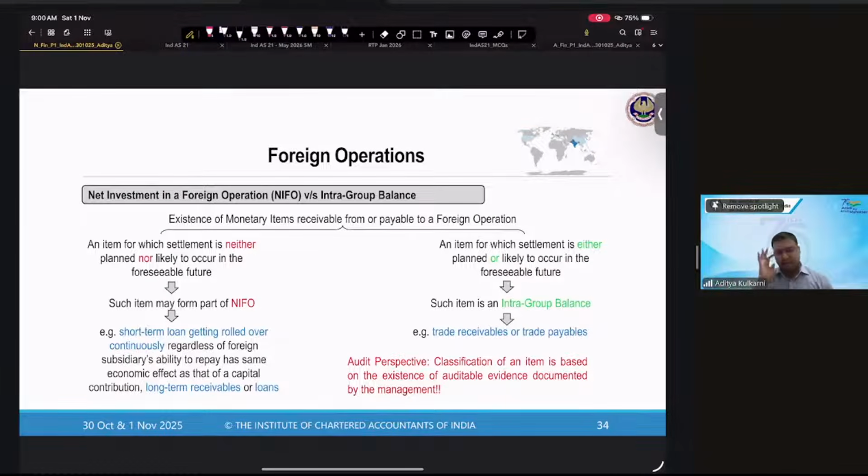Many times these subscriptions of shares, preference shares, debentures, bonds, all come with a lot of regulatory requirements.